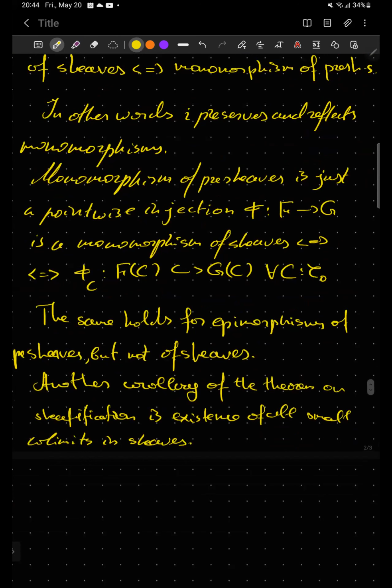The recipe is quite simple. We just take a colimit inside of pre-sheaves and then we sheafify the result.